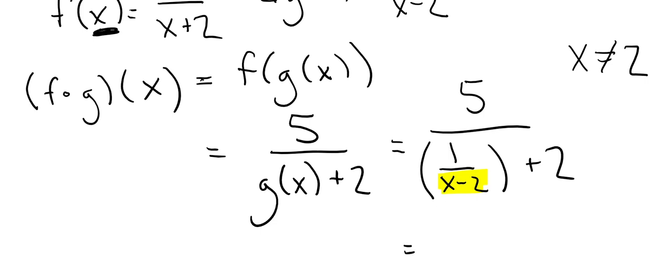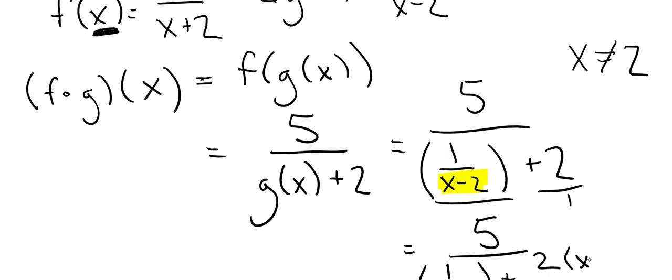Now, in our denominator, in order to combine these two things, I need to have a common denominator in my denominator. And so what I'm going to do is I have my 1 over x minus 2. And I notice that my 2 over here, you can think of this as a 2 over 1. And so I'm going to create a common denominator by multiplying the top and the bottom by an x minus 2 for this 2.